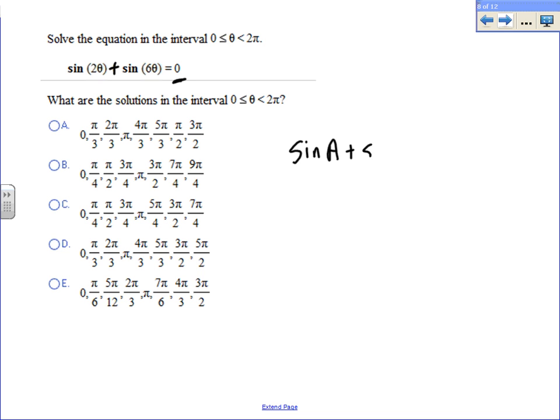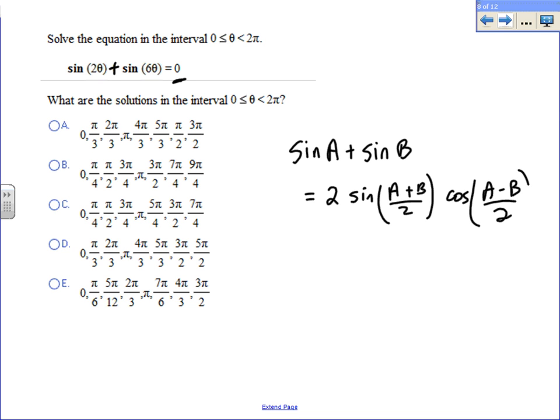So sine A plus sine B is equal to 2 times the sine of (A plus B) over 2 times the cosine of (A minus B) over 2. And so notice that's a product. And so with a product set equal to 0, I can solve that.